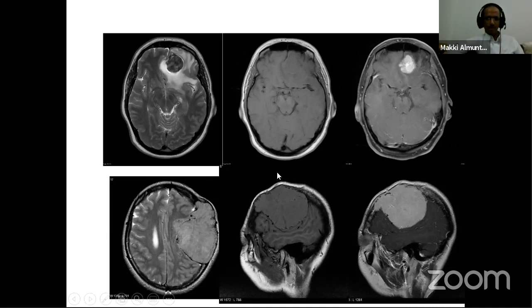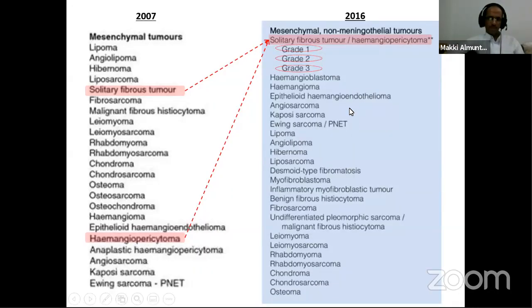This one has a large mass invading the brain and involving the subcutaneous tissue, the calvarium, the dura. This is the malignant type, so it is hemangiopericytoma, and it's grade 2. And it could also be grade 3.